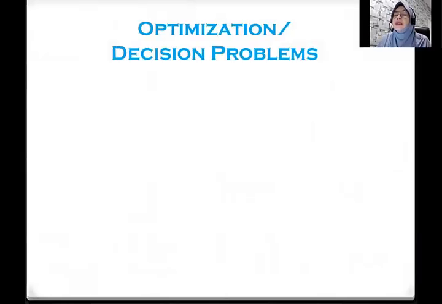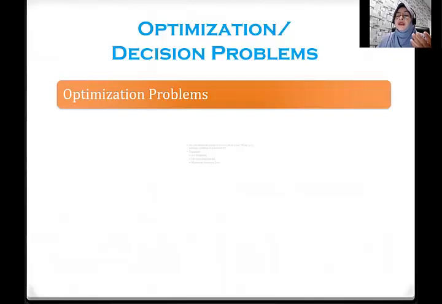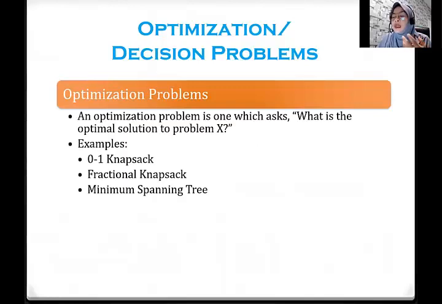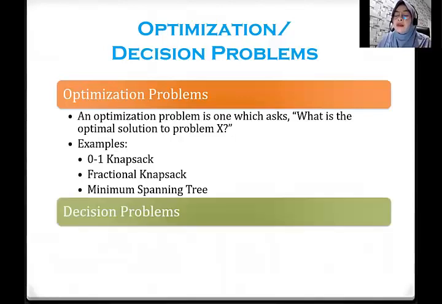So what are optimization and decision problems? An optimization problem is one which asks what is the optimal solution to problem X. Examples are the 0-1 knapsack problem, fractional knapsack problem, minimum spanning tree, traveling salesman problem, and many more.